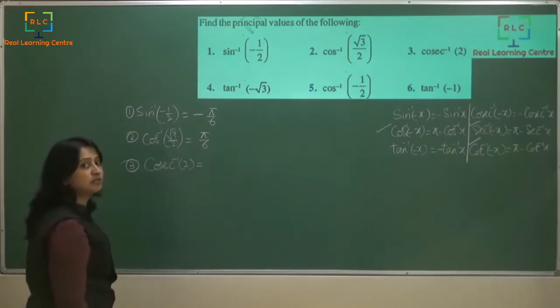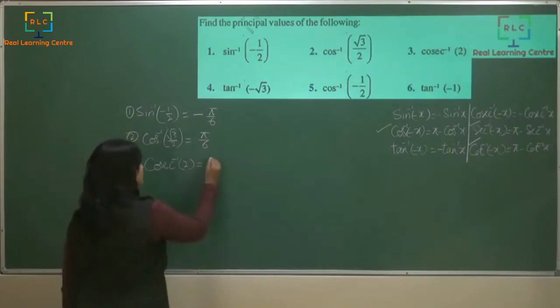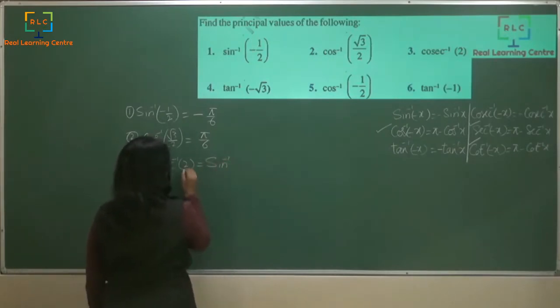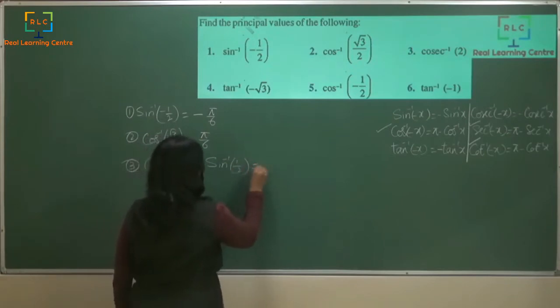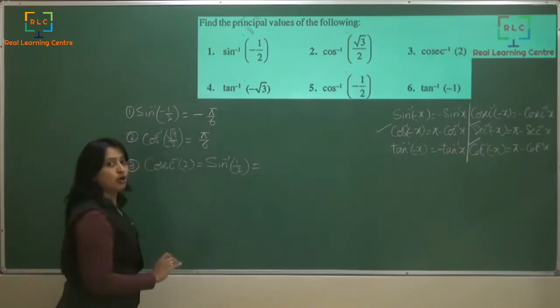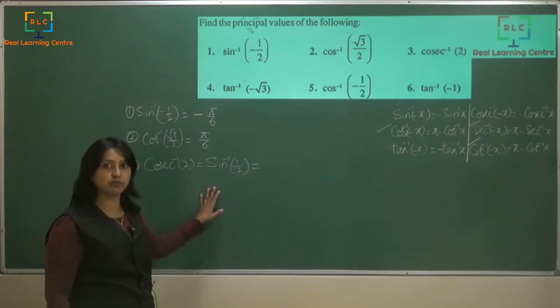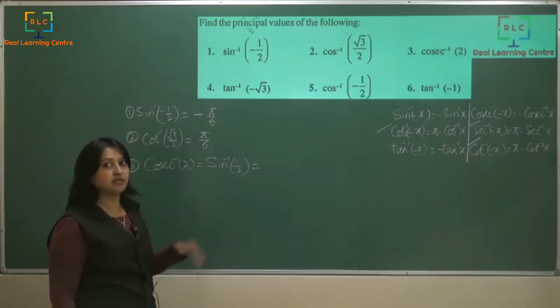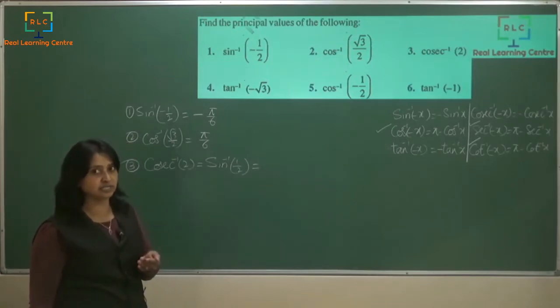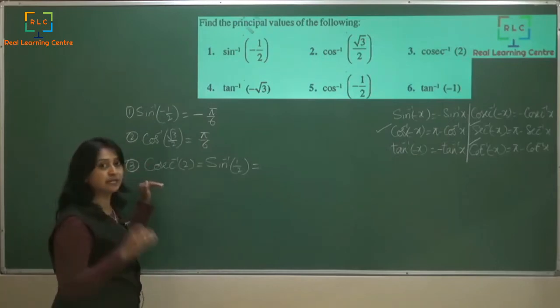Okay, I shall tell you about the reciprocals. Cosecant inverse, you can write it as sine inverse, and this 2 becomes 1 by 2. So you can directly write the answer, or you can convert that into sine if you want to be comfortable with only sine, cos and tan. If you think you are comfortable only with sine, cos and tan, convert the functions secant, cosecant and cot.